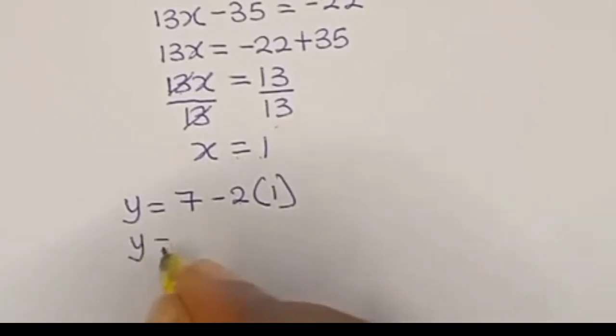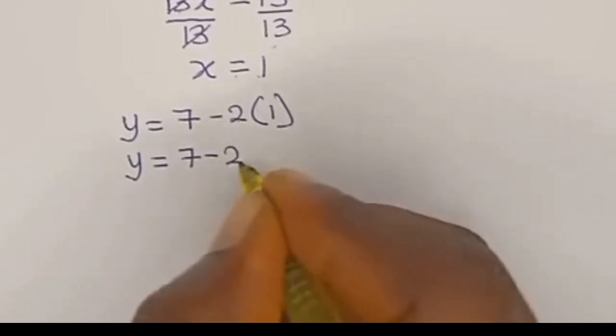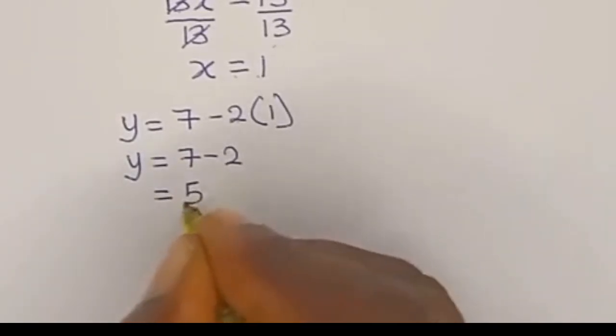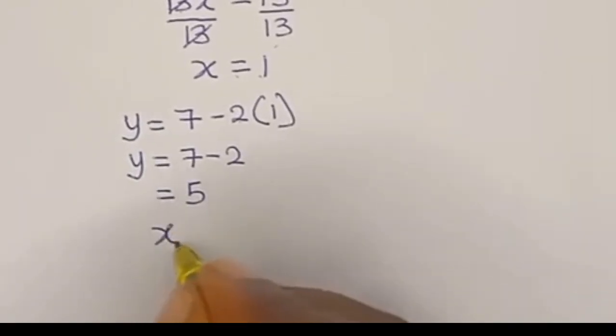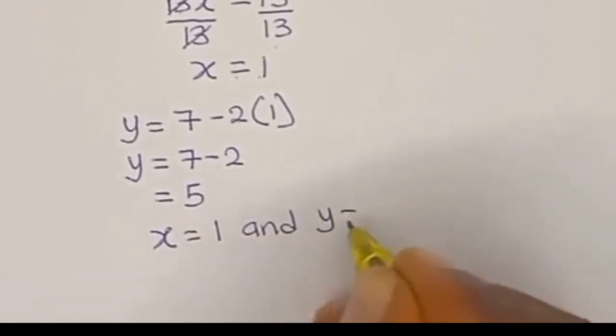So y is equal to 7 minus 2. And 7 minus 2 is going to give us 5. This means that the value of y is equal to 5. So our final answer is x is equal to 1 and y is equal to 5.